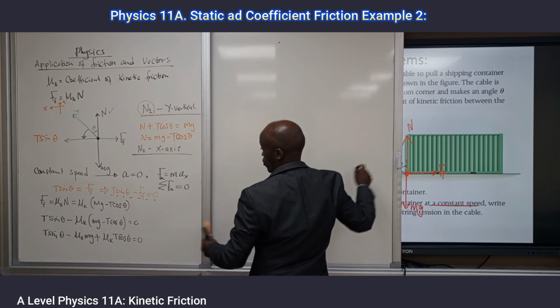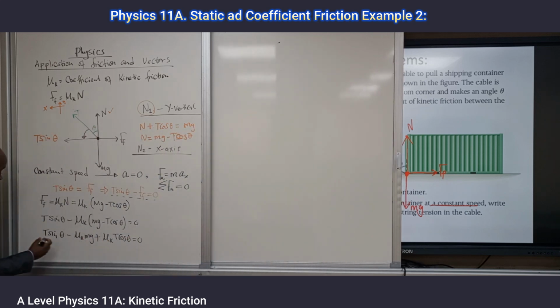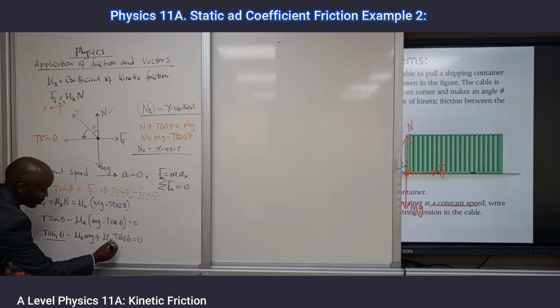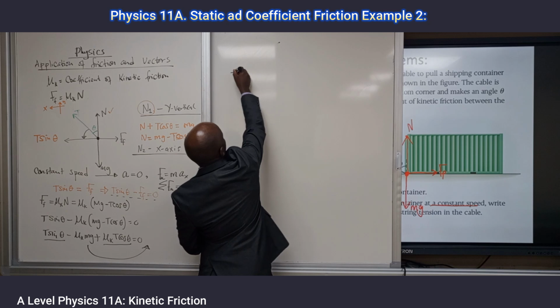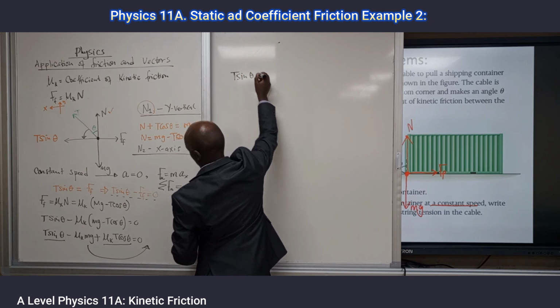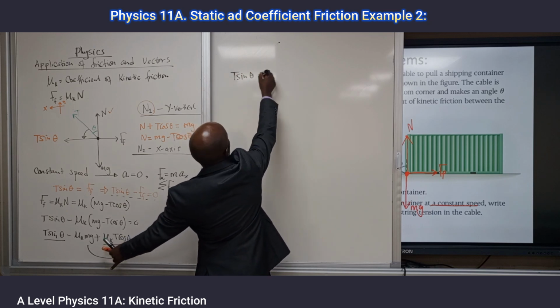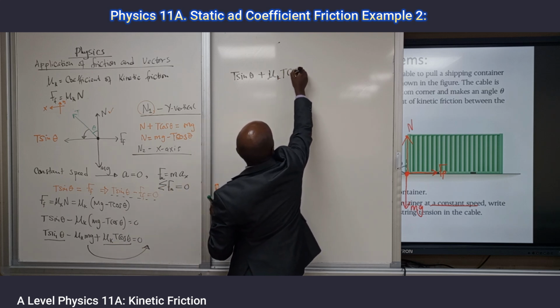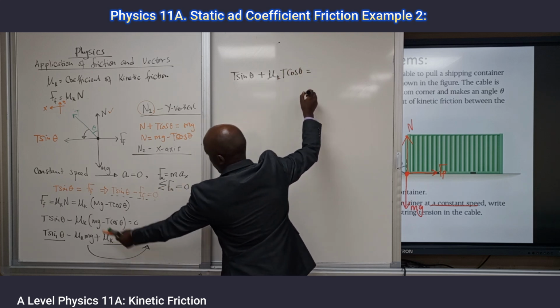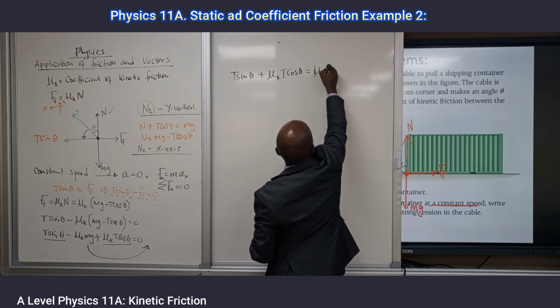So with that, we can proceed to bring the expressions with tension together, and then shift this to the other side. So we're going to have T sine theta again plus mu k T cos theta is equal to, that becomes positive, mu k mg.